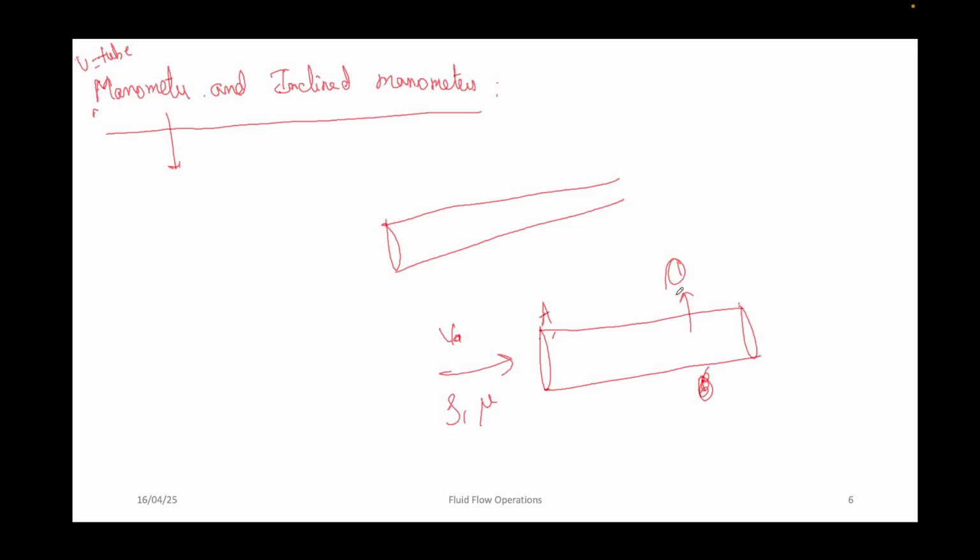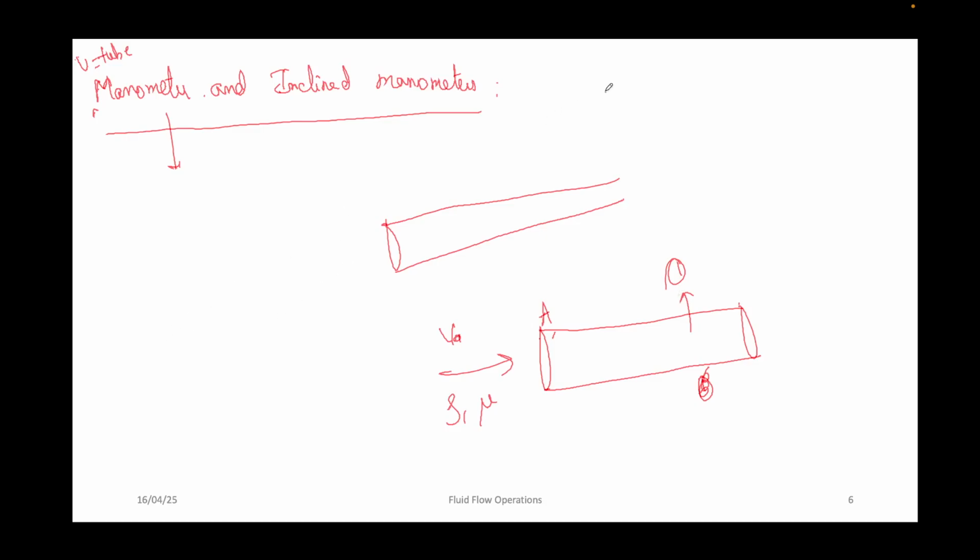You need some kind of a device, right, to measure the pressure. How do you do that? So here comes the role of manometer or U-tube manometer or inclined manometer.